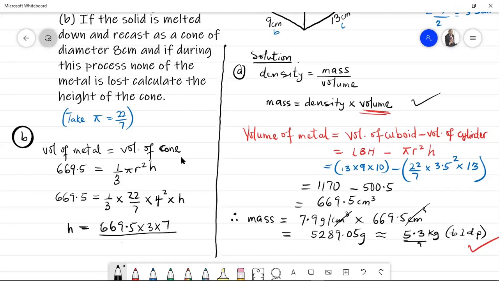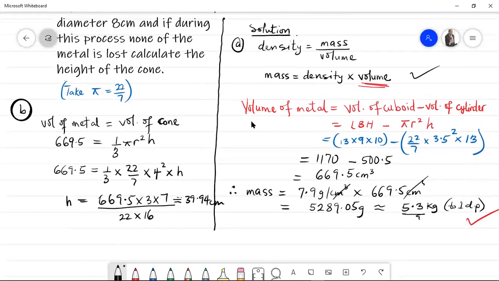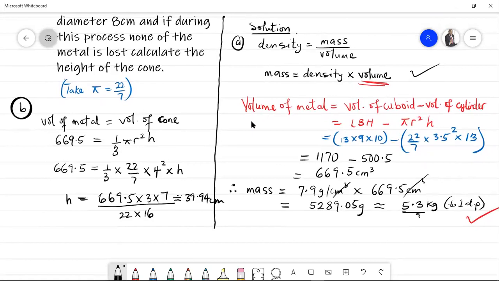And this will be divided by 22 times 16. If you do it well, and when you divide, you are going to get this to be equal to 39.94 centimeters. And we can decide to give ourselves a final approximation for the height. We can then have that to be approximately equal to 40 centimeters.